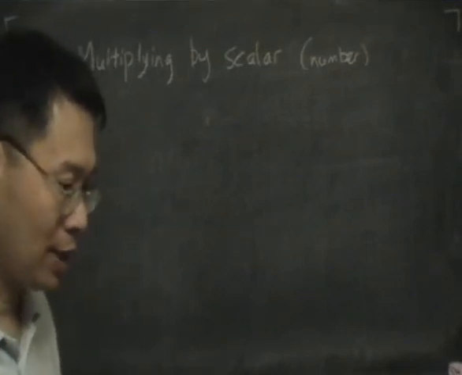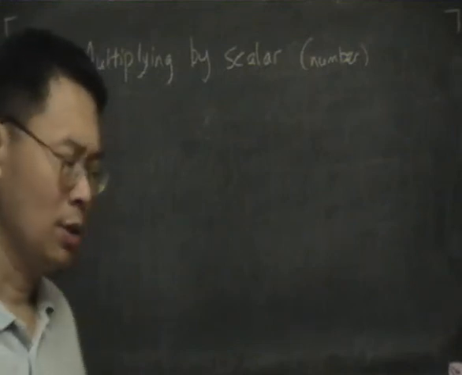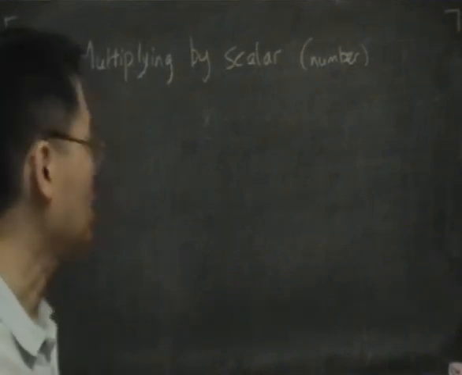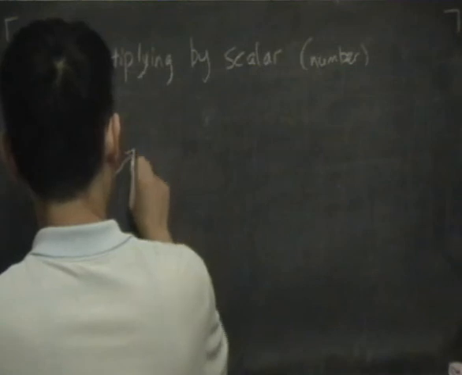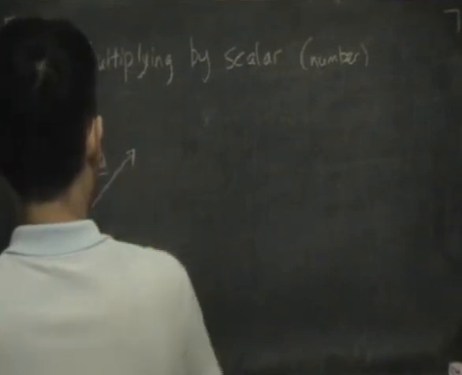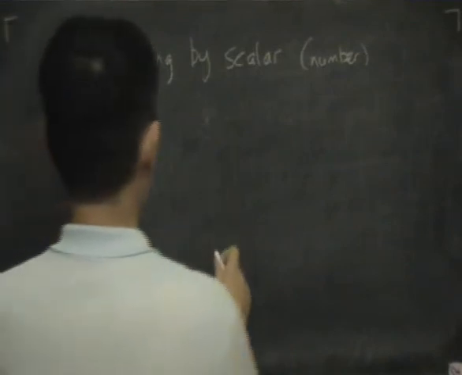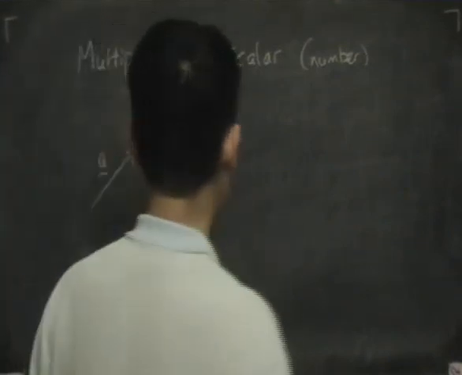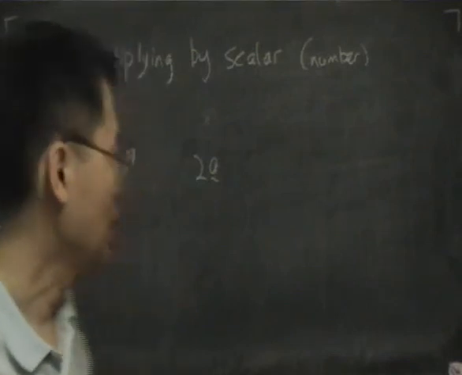Now we have looked at adding vectors, we have looked at negative vectors. Well, what does it mean by multiplying a vector by a number? So let's look at this example. Suppose I have this vector, I call that A. Now if I multiply A by 2, for example, 2 times the vector A. What does that mean?